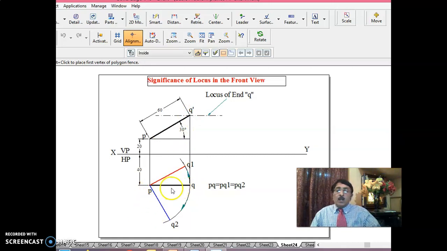Correct? Now, what I'm telling you is the significance of the locus in the front view. What you have to know here is the two observations you can make.